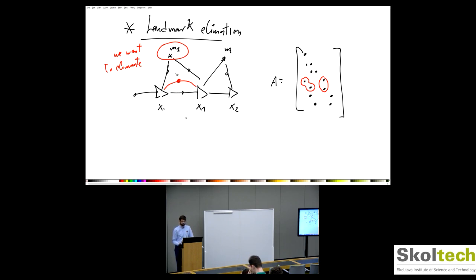Yes? Which factors? This thing. Yeah, so this is what we are doing. Since we are removing these two observations, these two factors that were connecting landmark 1 to x1 and x0 to m1, we can create an additional new observation. This is a virtual thing just to preserve the same kind of distribution.